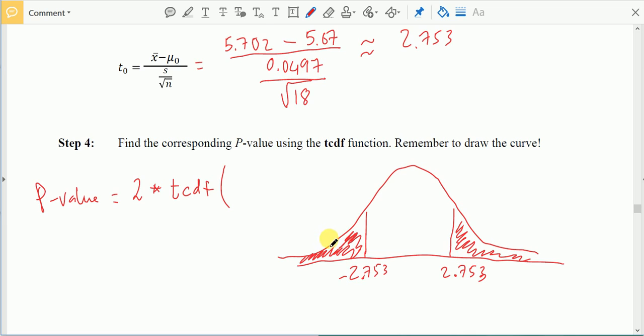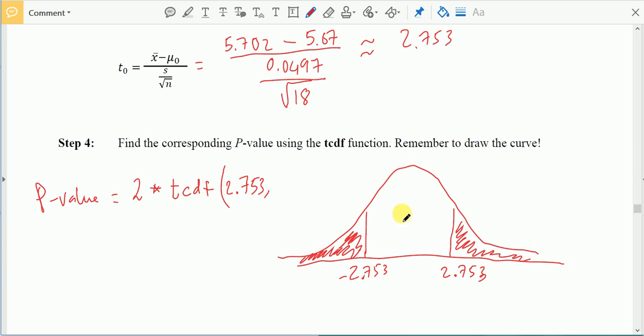In the last example we used a negative value, the left region, and we multiplied that by 2. But now let's try the right region, the right-hand side, positive 2.753. So the lower bound is from that point, 2.753, all the way to the right.